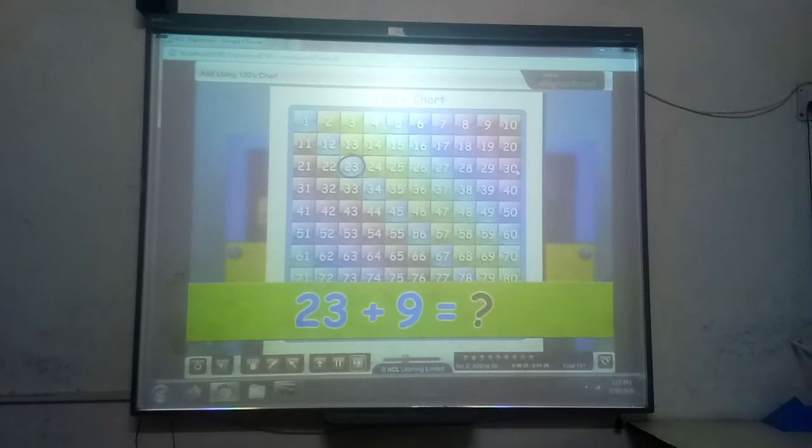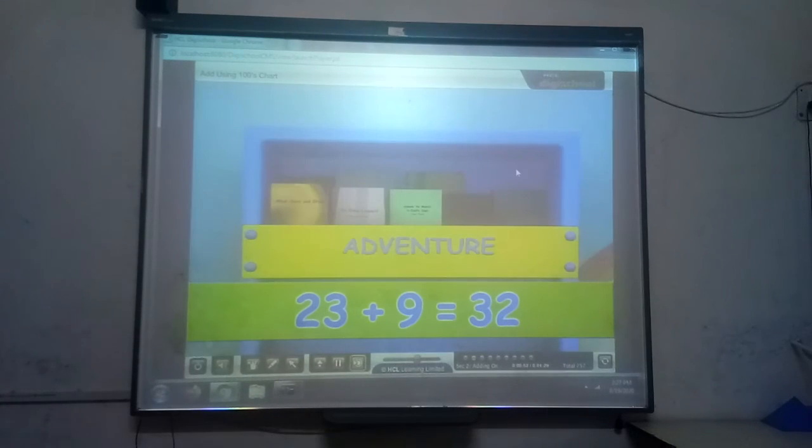Then, to add 9, move 9 places to the right. This move brings us to 32. The sum of 23 and 9 is 32. So, in all, there are 32 books on adventure.